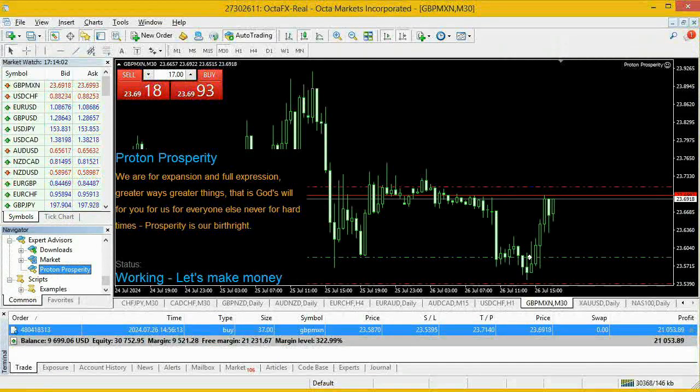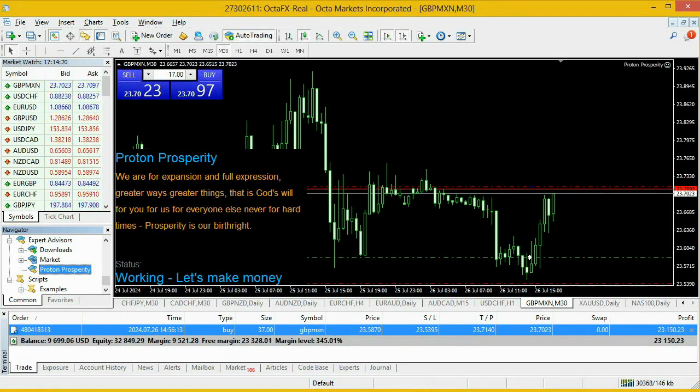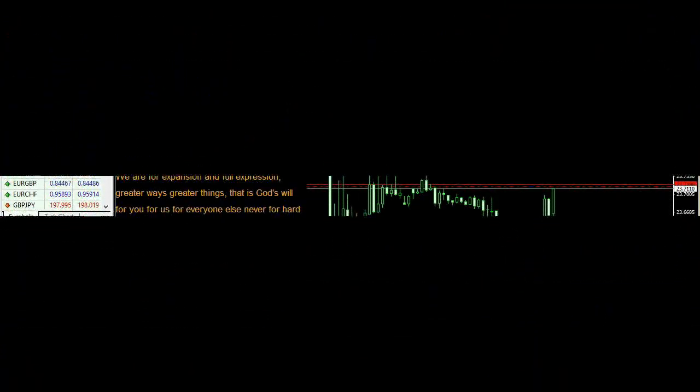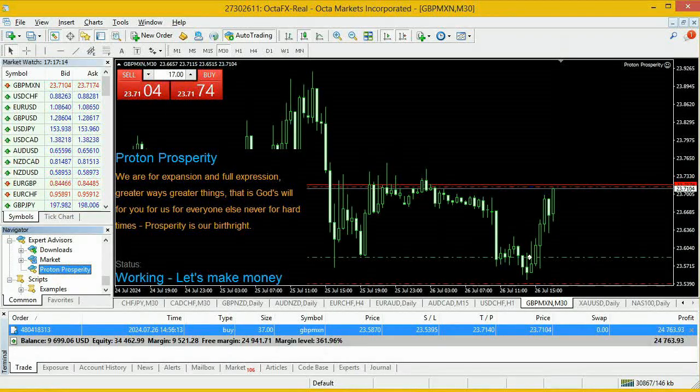After 2 hours and 18 minutes into the trade, this is where we are. Moving forward, we are almost on target.